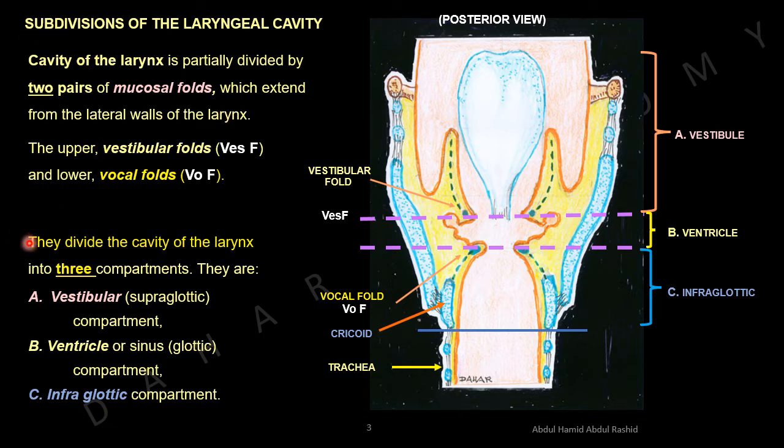These two pairs of folds divide the cavity of the larynx into three compartments.